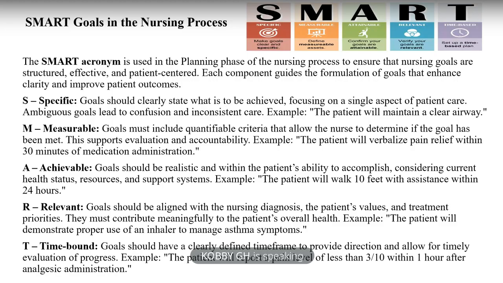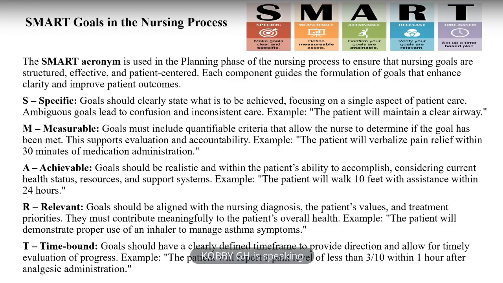If you set a goal and at the end of the day you write goal partially met, the goal was not achievable enough. You always have to try as much as possible to set goals that you can achieve. If in your care plan you are always writing goal partially met, it means you have a problem with your objectives.